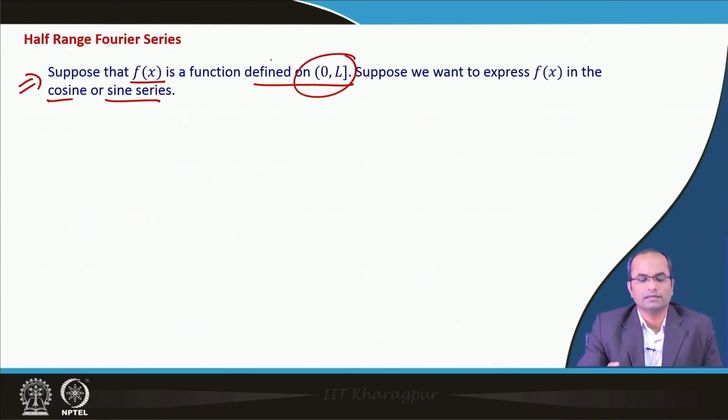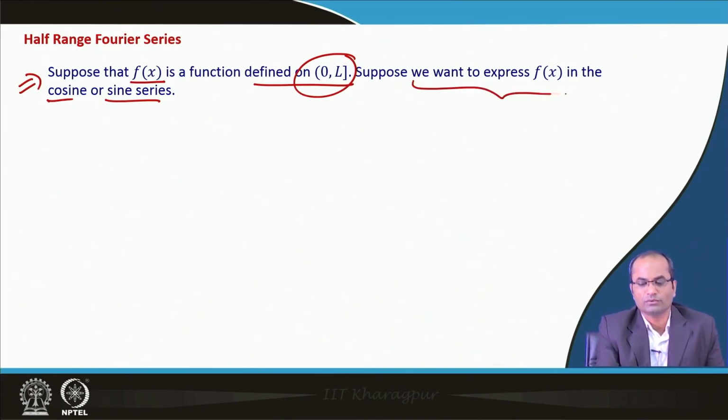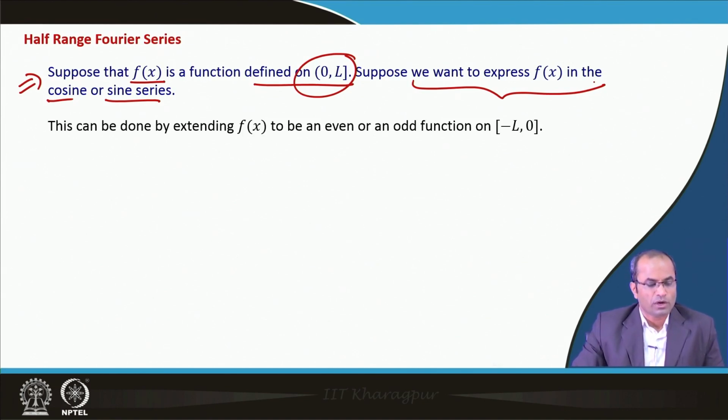We have basically a choice of getting the Fourier series, which will have both sine and cosine terms. But here the aim is not to have the full Fourier series, but to have either a Fourier sine series or a cosine series, meaning the series which has only sine terms or only cosine terms. So, how to do that?